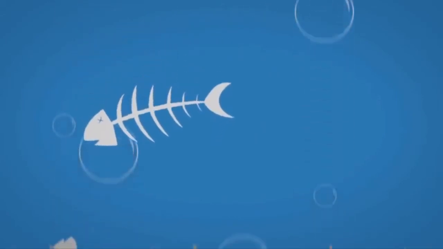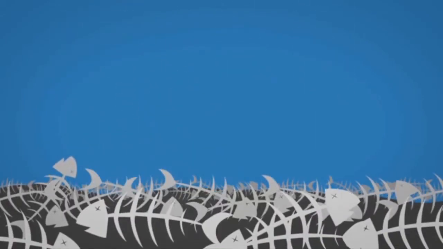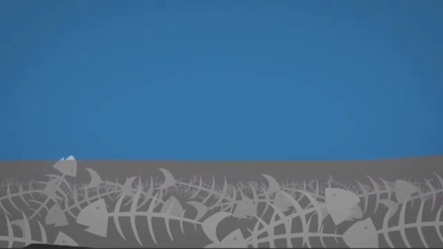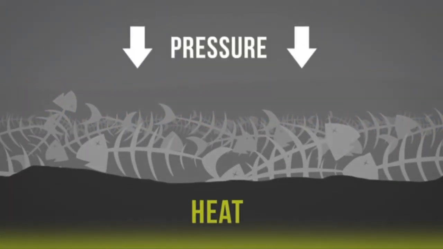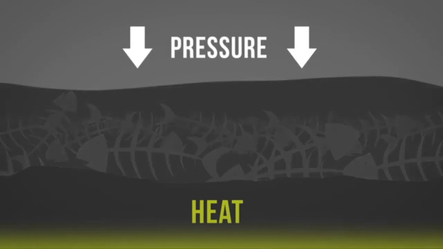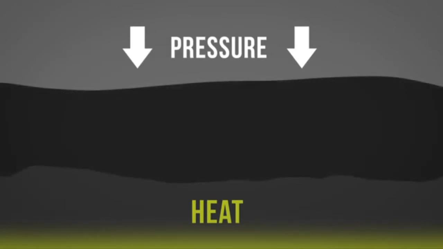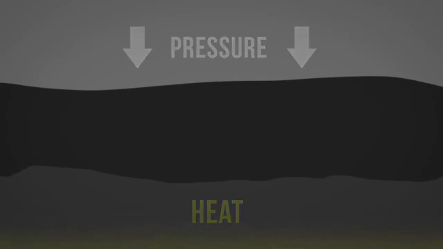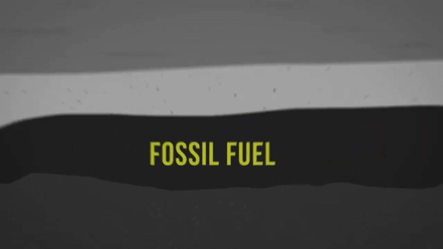Today's oil deposits were formed millions of years ago when dead marine organisms sunk to the bottom of the ocean bed and were buried under deposits of sedimentary rock. After subjection to intense heat and pressure, these organisms were converted to oil over millions of years. This is why you may have heard oil referred to as a fossil fuel.